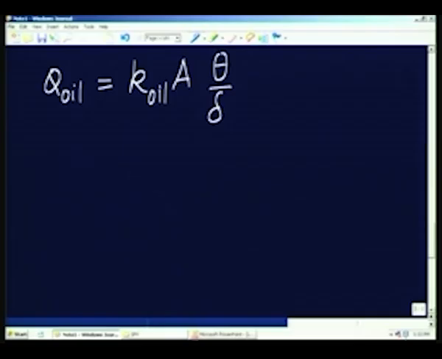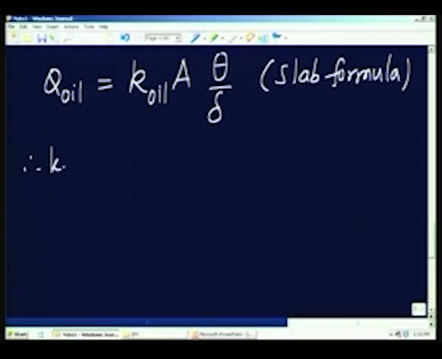Because delta is very small compared to the diameter of the plug, this is nothing but the slab formula. We are using the slab formula because the thickness of the oil film is very small compared to the diameter of the plug, and therefore, it is almost like a planar slab.